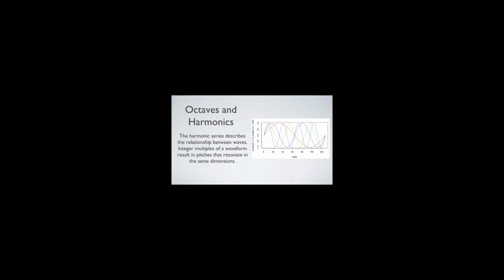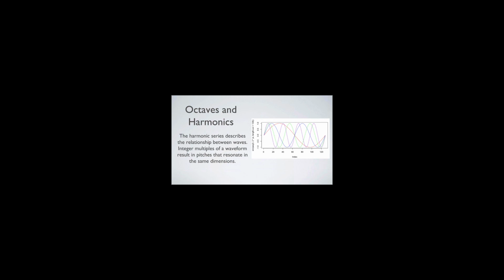So if we multiply the wavelength by 2, we get the blue one here, which instead of having one cycle of this wave, one up, down, and back to the center, it has 2. We go up, down, to the center, up, down to the center. And that's the octave. So if you multiply a wave frequency by 2, you get the octave.